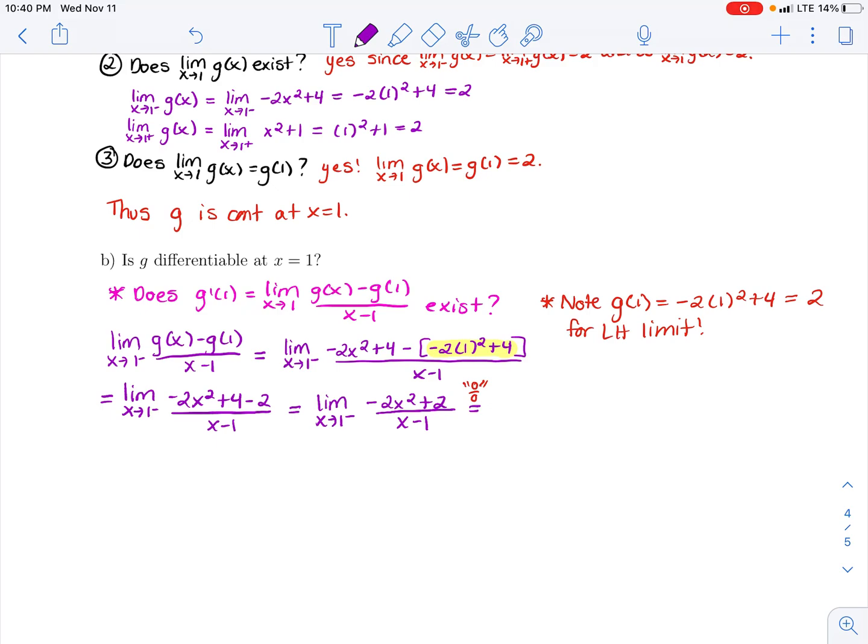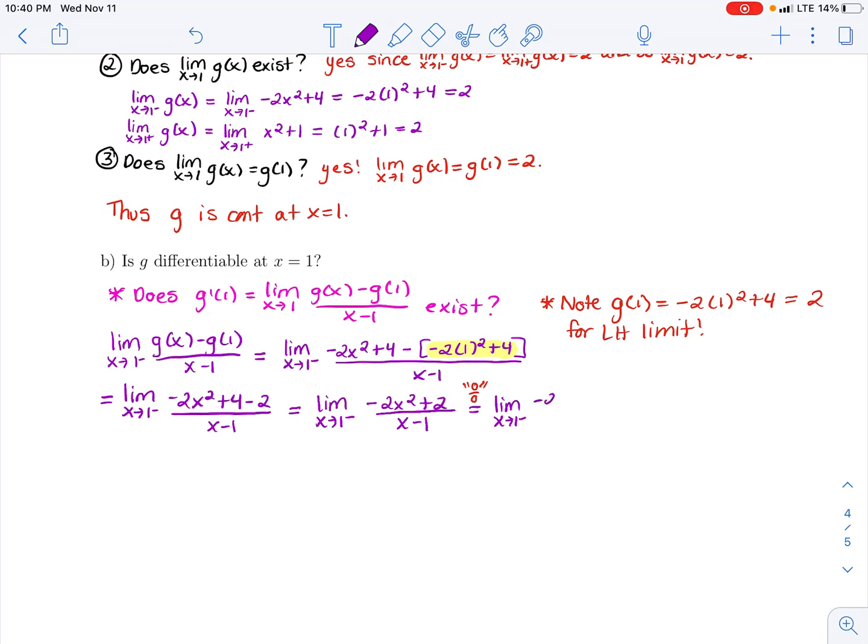In the numerator, we can factor out a negative 2, because they both have a 2. There's a reason I'm factoring out a negative 2, which you'll see in a second. If I factor out a negative 2, I get x squared minus 1 over x minus 1. The reason I factored out that negative is that now I have a difference of squares. See how I have x squared minus 1? This gives me a difference of squares.